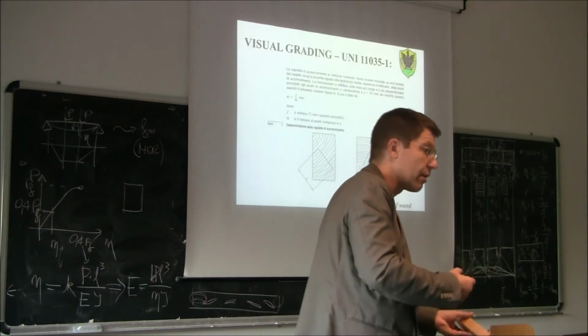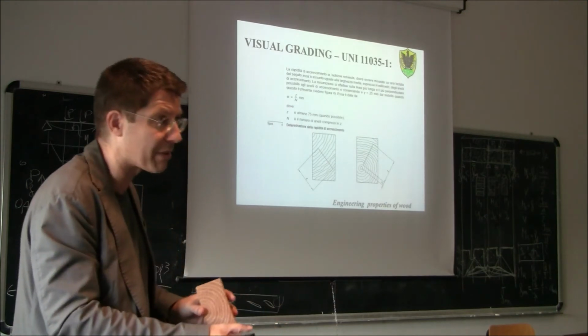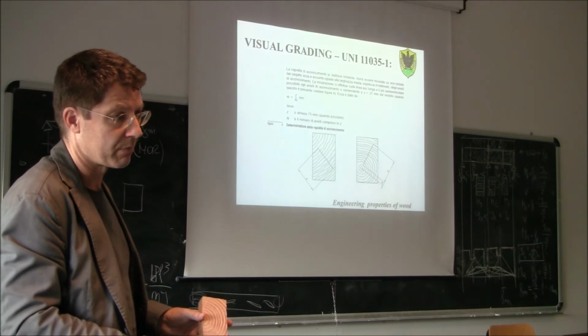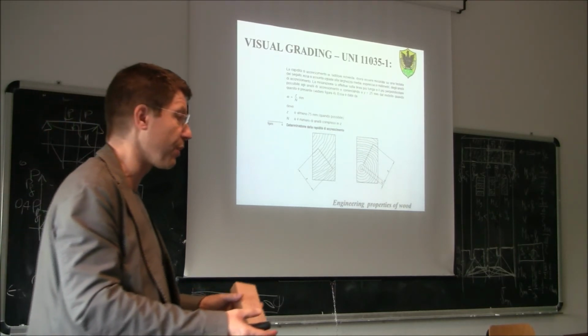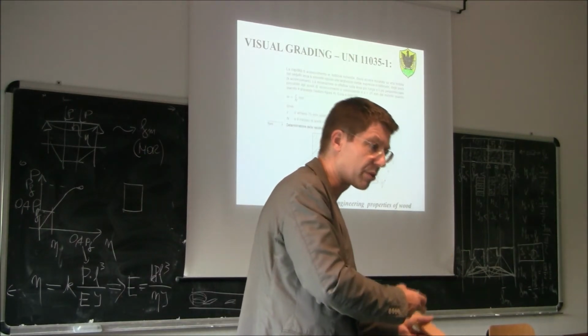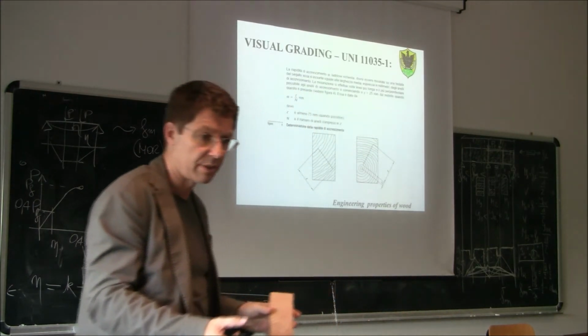If the density is low, I don't know if Dr. Schmidt already told you about the density, but low density means that also the properties of the wood are a bit low. In fact, the most important distinction for the wood is between softwood, which is conifer, and hardwood, which is deciduous tree.